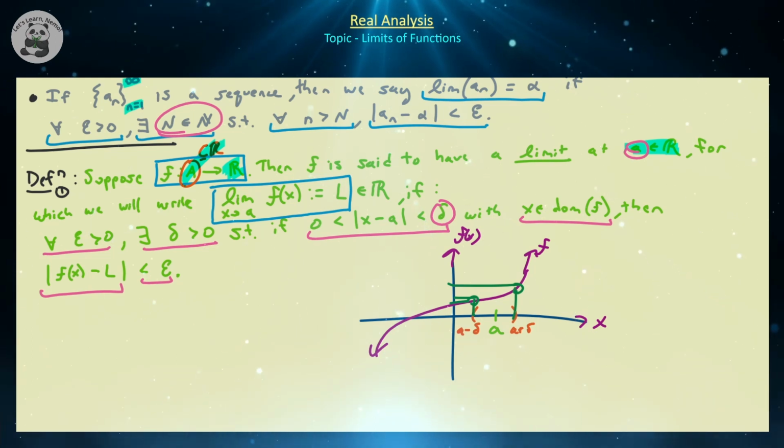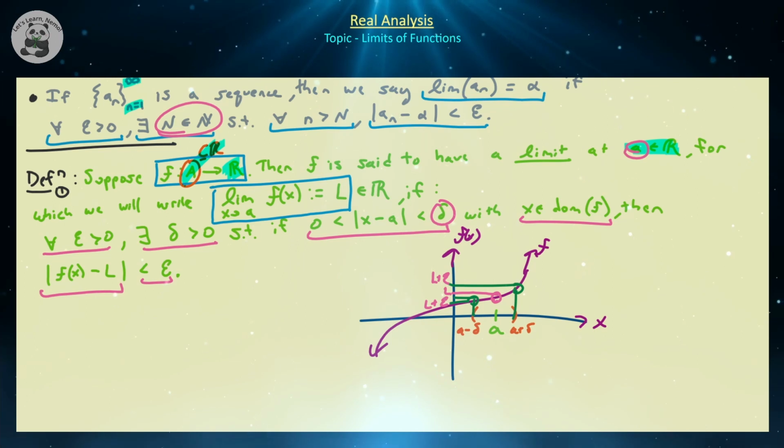So the point that this a projects to, keep in mind that could be an open circle that potentially belongs to the codomain of this function, is said to be the limit, right? So there's our L plus epsilon on the top, and there's our L minus epsilon on the bottom.